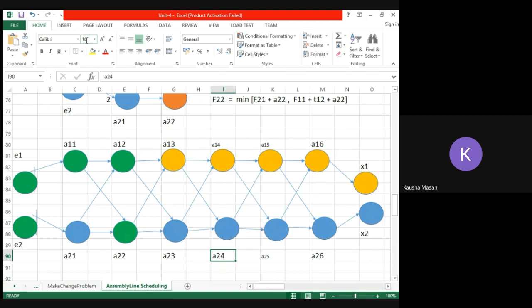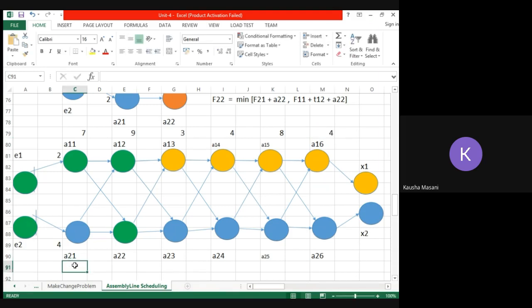Okay, the values you guys note down. At entry point E1, the value is 2. At entry point E2, the value is 4. Values of each station I'll write here up. A1 values: 7, 9, 3, 4, 8, and 4.